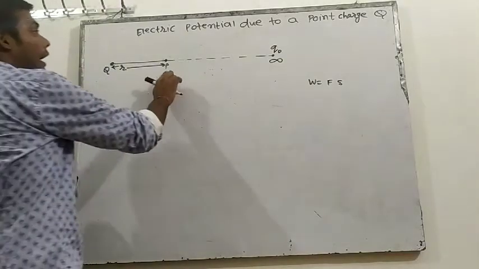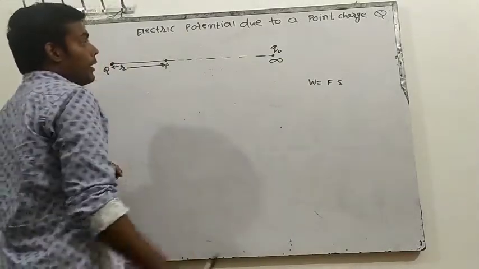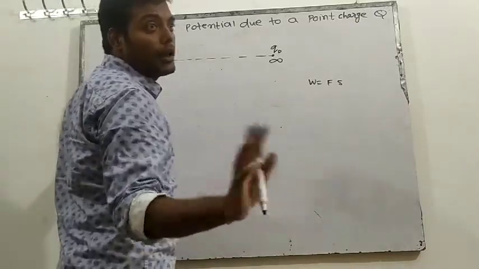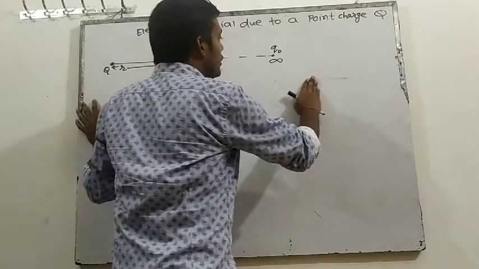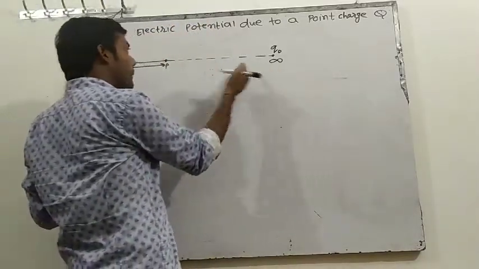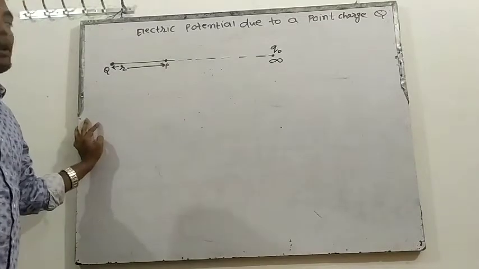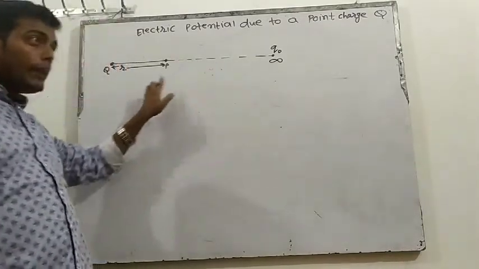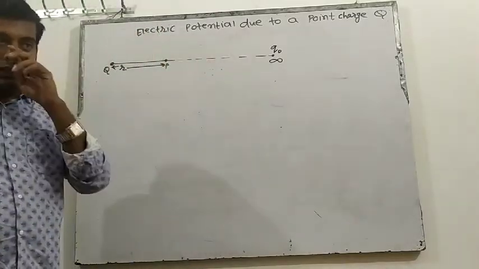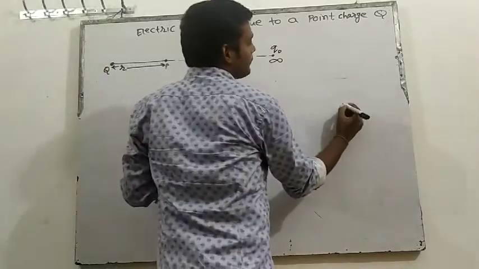Because this is infinity, and F is equal to K Q1 Q2 by r square, we can't calculate the force. So we will not calculate the work done from infinity to P. We will calculate the work done from P to infinity.